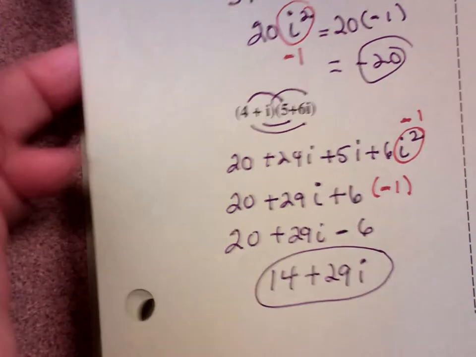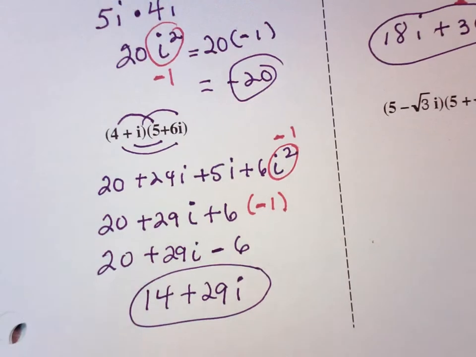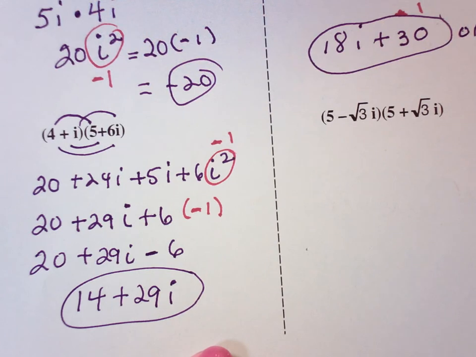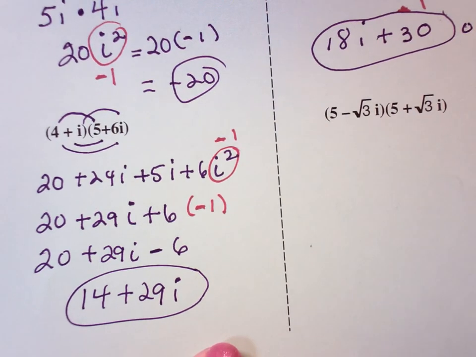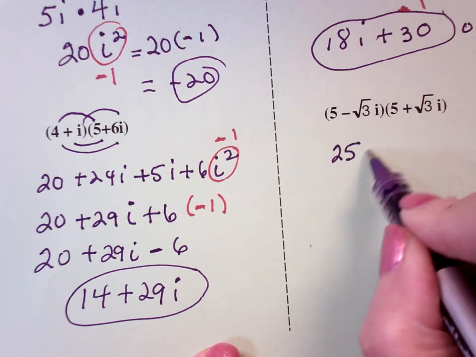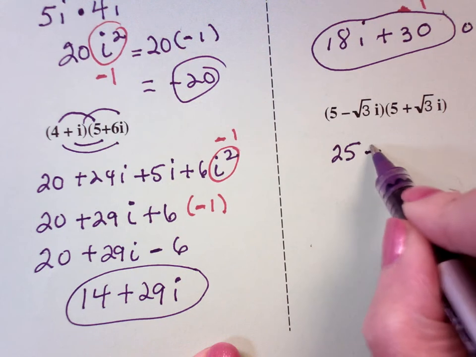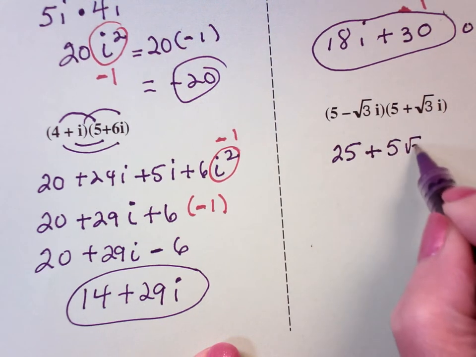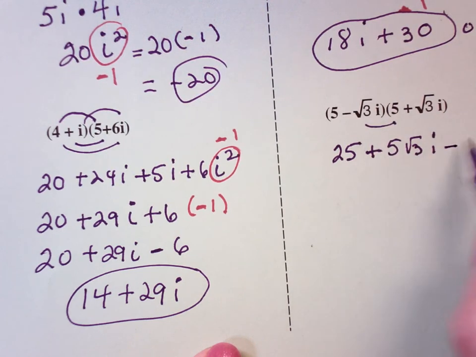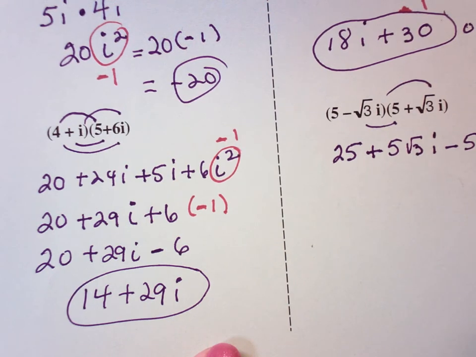If you're going into 150, you care. Again, this looks bad, but just write it down. First is 25. Outer is plus 5 square roots of 3 times i. Inner is minus 5 square roots of 3 times i. And last is minus the square root of 3i times the square root of 3i.